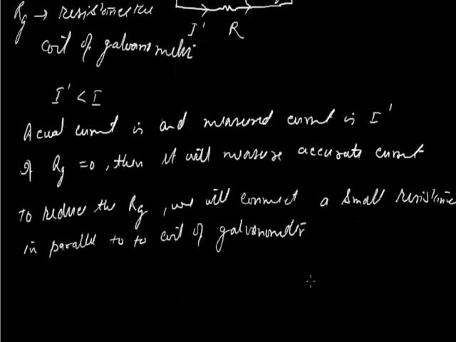The important property of parallel combination is the equivalent resistance in parallel combination will be less than the lowest resistance connected in parallel.